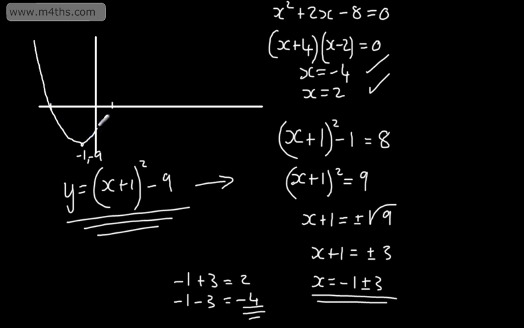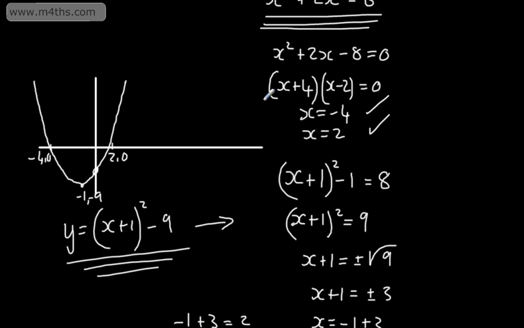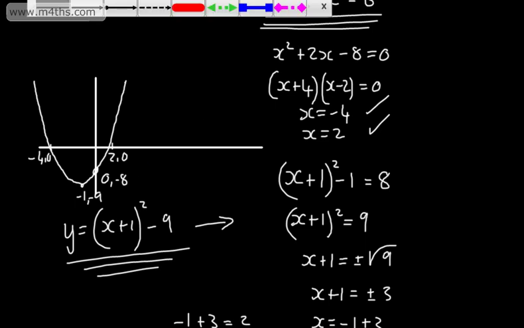So from this, we can see on here we've got additional information. So if we put here, this is going to be negative 4, 0. This is going to be 2, 0. We know the point of intersection with the y-axis is when x is going to be equal to 0. So that would be now 0, comma, negative 8. So at this stage, we've got quite a lot of information about this.